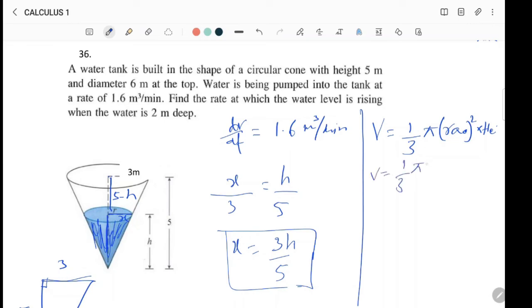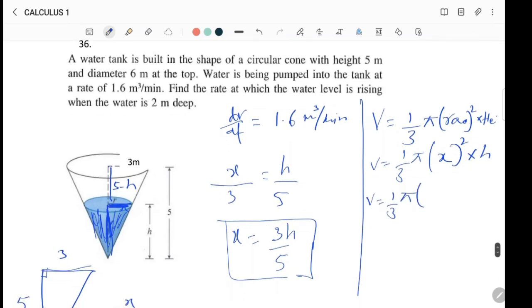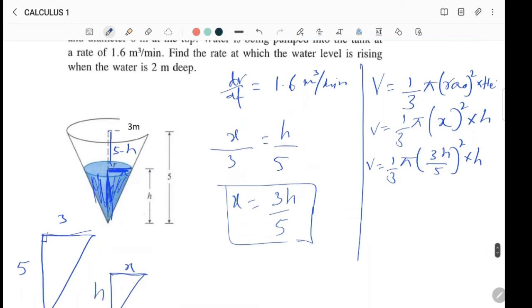So 1 over 3 pi and radius. So radius is this x, right? This is my radius and height was h. So 1 over 3 pi x, and x is 3h over 5, whole square, times h.